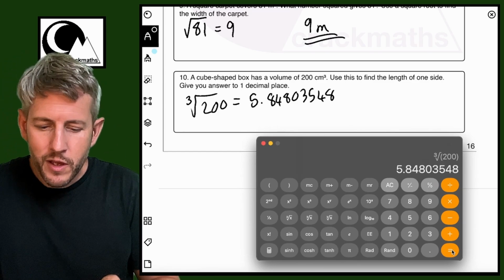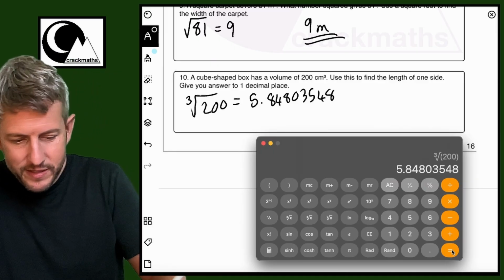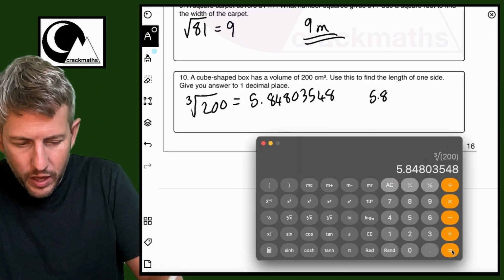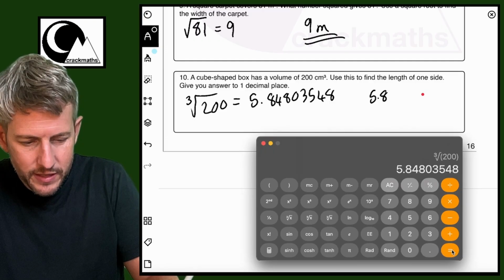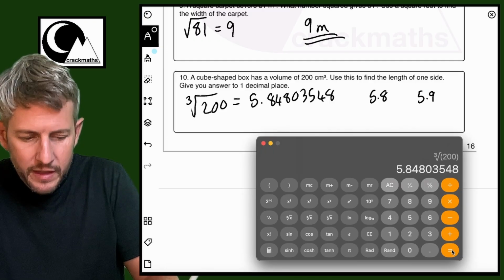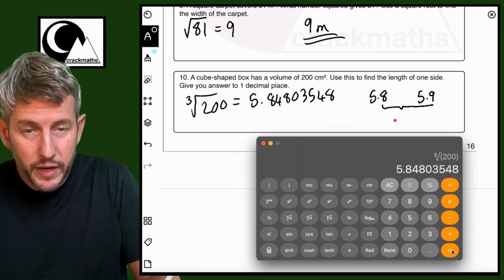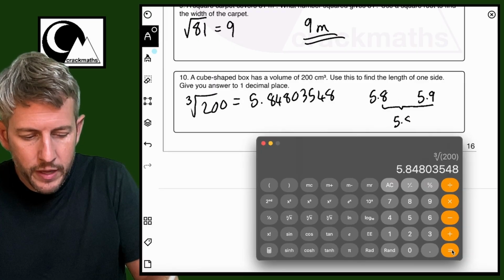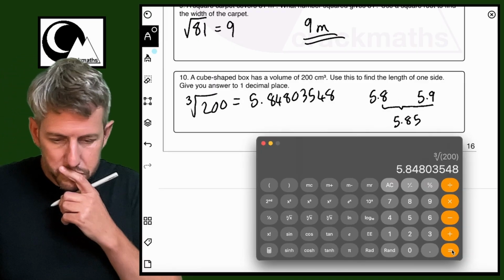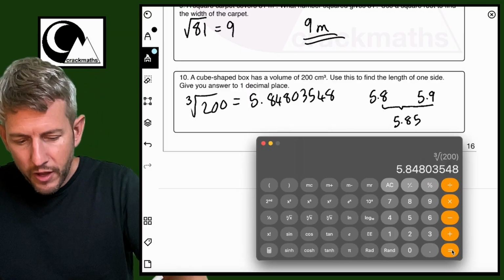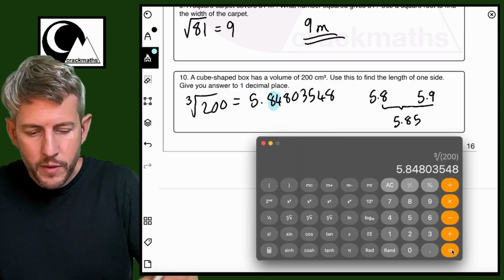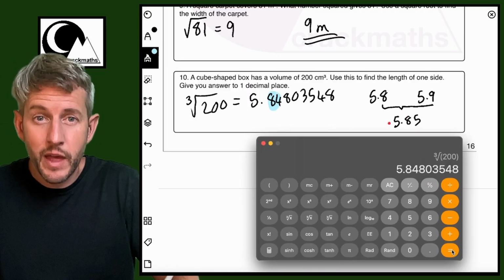So we've got 5.8, so 5.8 will either round to 5.8 or 5.9, depending on what's coming after it. Halfway between 5.8 and 5.9 is 5.85. We're looking at 5.84. So 84 is less than 85.